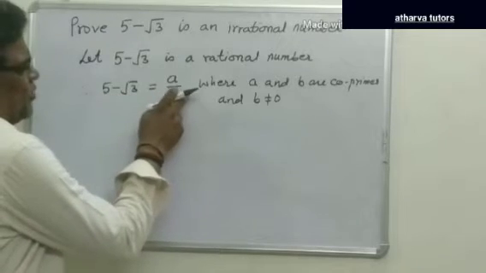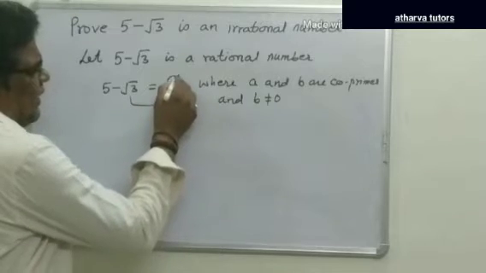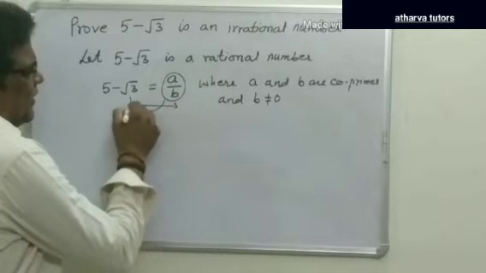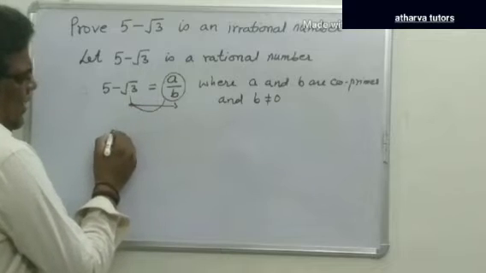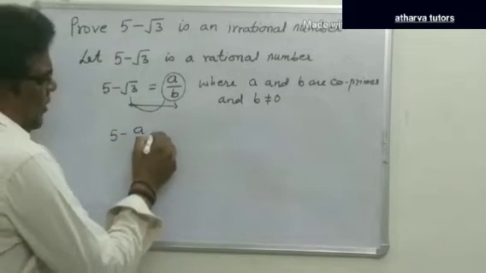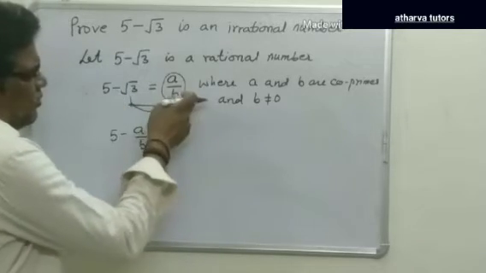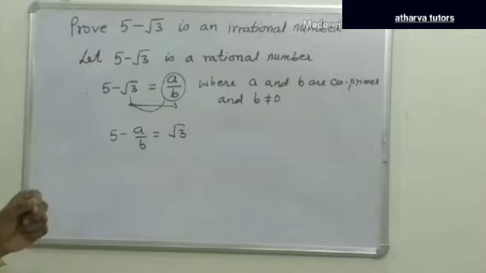Now if I shift root 3 this side, and bring this one that side, how can I write? I can write 5 minus a upon b equals root 3 minus root 3, and if it goes that side it becomes plus root 3.